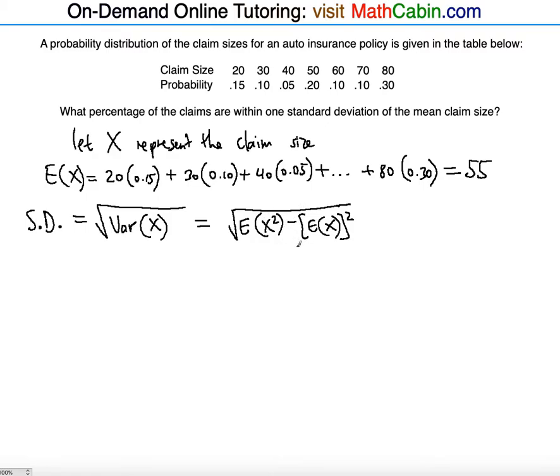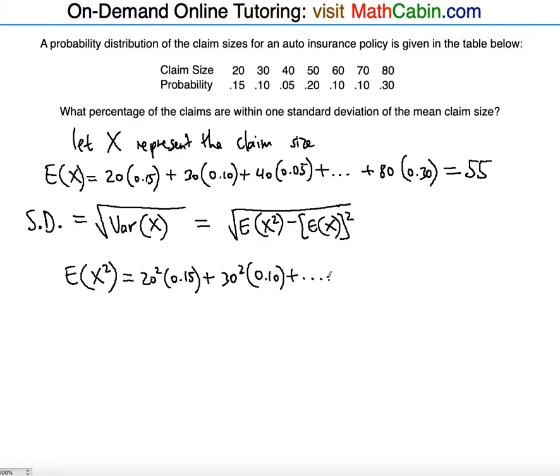So now, in order to find the standard deviation, we have to find the expected value of X squared, of the squared claim size, right? And that should be easy. That's going to be the same thing, except that the claim sizes for this will be squared, right? So we're going to get 20 squared times the probability plus 30 squared times the probability, right?